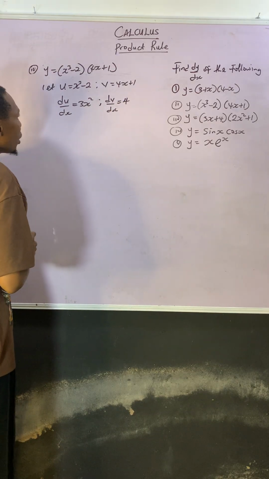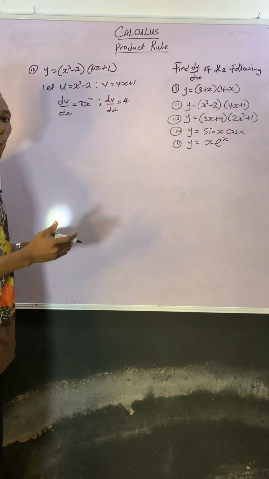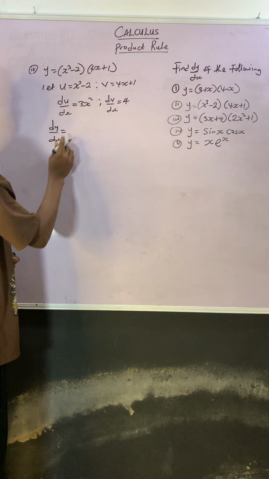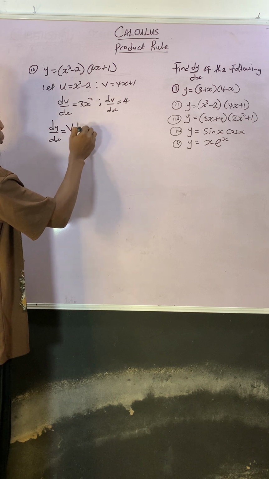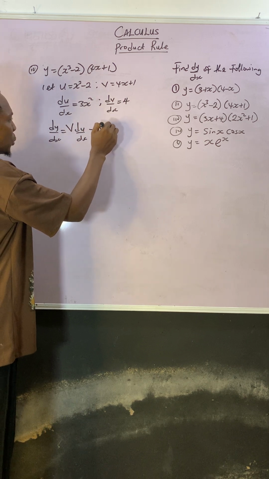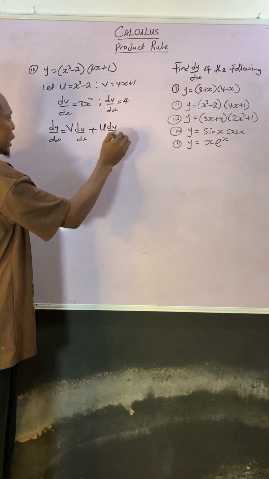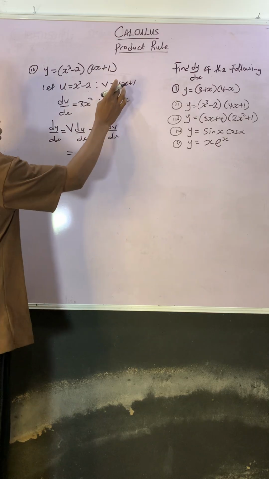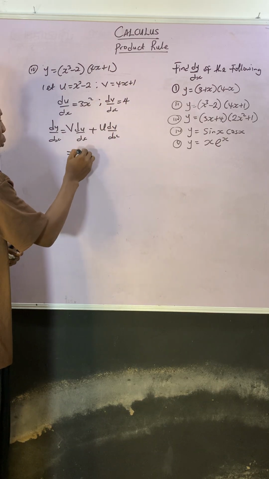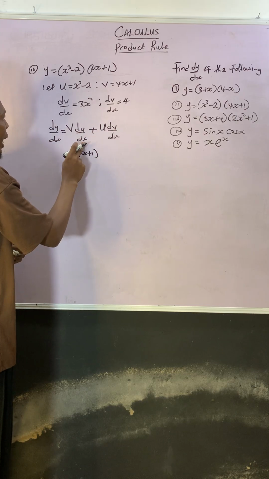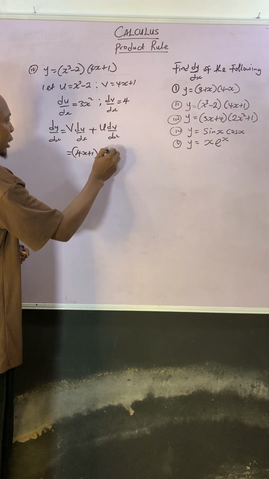From there, you introduce the product rule formula: dy/dx equals v du/dx plus u dv/dx. Our v is 4x plus 1. What's du/dx? It is 3x squared.